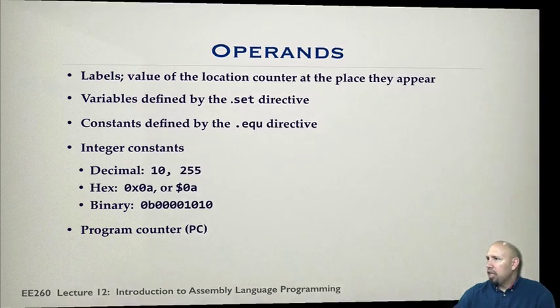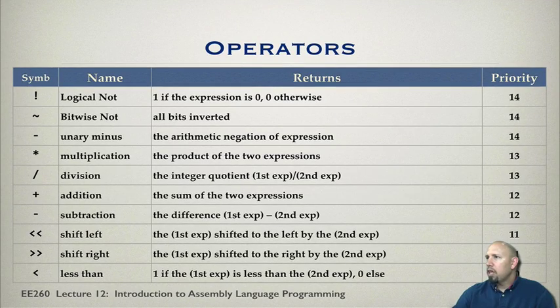In terms of operations, what can you do? Here are some of the operations, and these kinds of operations are very similar to what we have in any kind of programming language. We have the logical NOT. It's 1 if the expression is 0, and 0 otherwise.